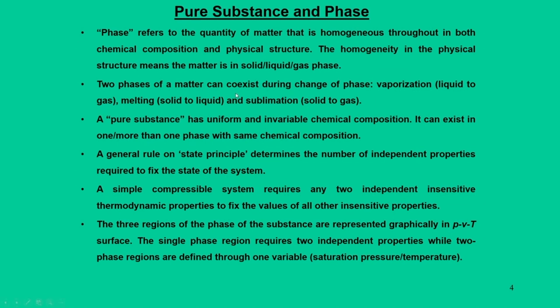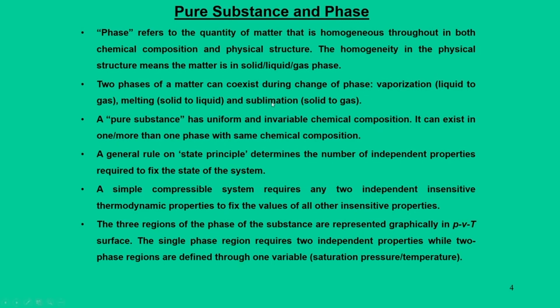Now, out of these three phases, two phases of matter can coexist during a change of phase. We all know what vaporization is, where liquid changes its state to gas; melting, where solid goes to liquid; and sublimation, where solid goes to gas phase.